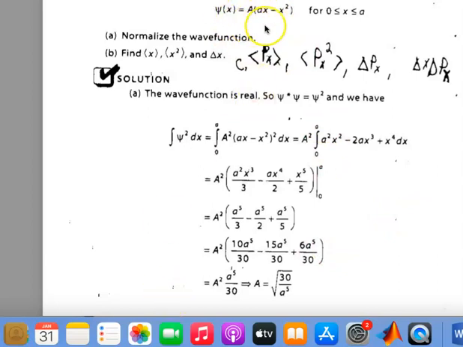Once again, you always have to normalize it if it's not normalized, and in this case, it's not normalized. The way you normalize it is the inner product of psi with psi star, integrate that from 0 to the upper limit and set all that equal to 1, and you can find what it takes to normalize the wave function. And then you can solve it.